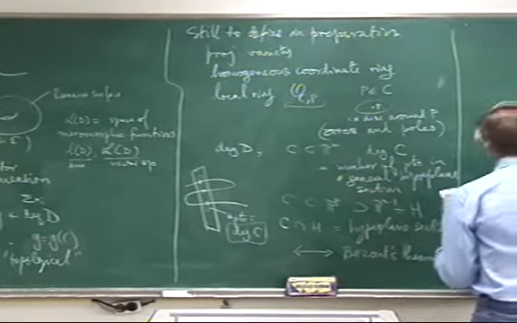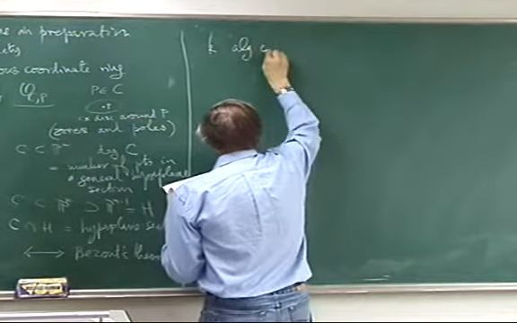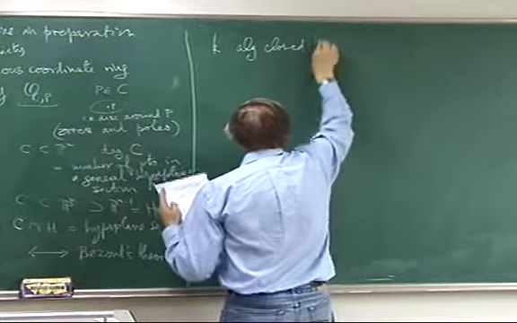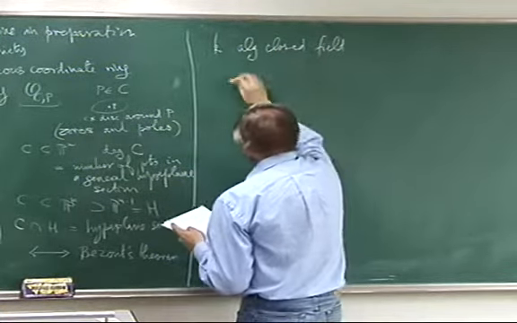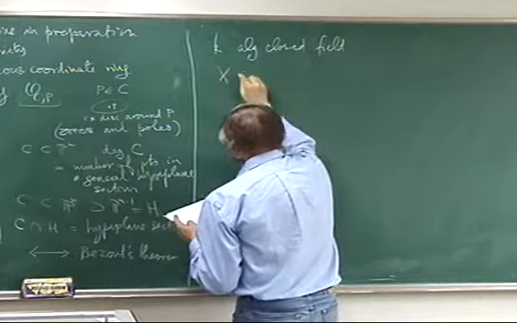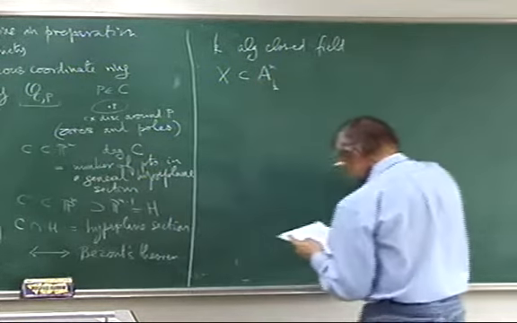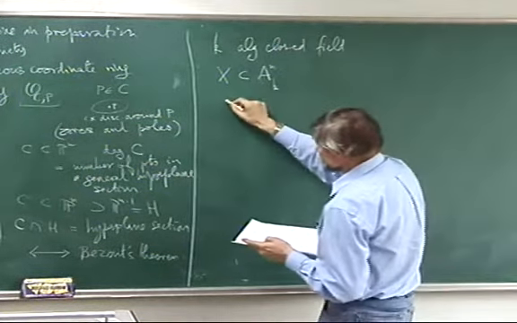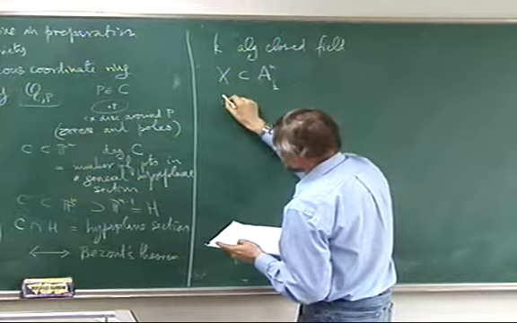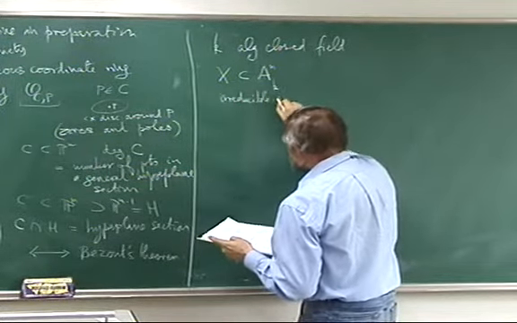So I've got k, an algebraically closed field, and I've got X in A^n over k. So this is, I want to say, an irreducible algebraic variety.